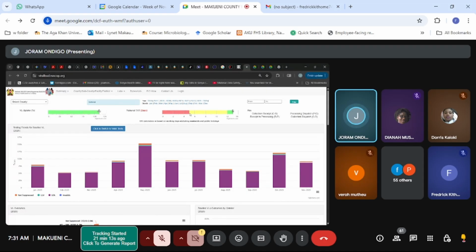So if you are in your county, how long does it take for you as a county to get your samples from collection to receipt? Then receipt to processing, it's this yellow here, the 5th day to the 12th day. So it took them quite a while because the commodities were not there, so that's why they were taking longer. But if commodities are there, you'll realize that it takes even 3 days and they have processed the samples.